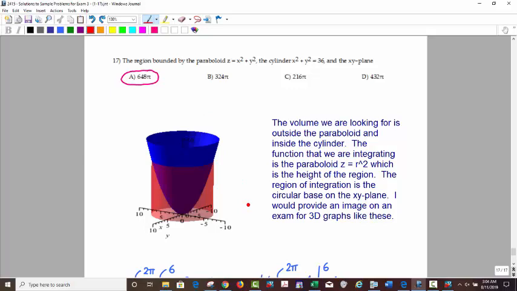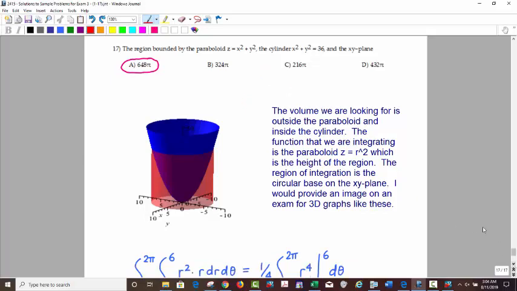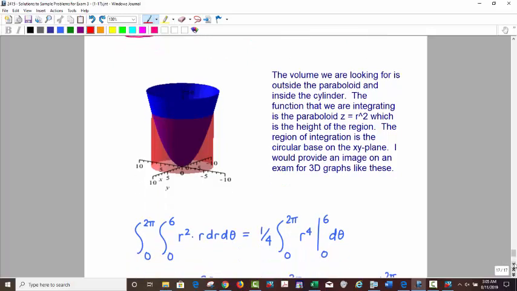So, let's see what we have. The function we're integrating will be z equals r squared, because x squared plus y squared equals r squared. It looks really complicated, but it's not too bad. It's r squared, then of course your r d theta.